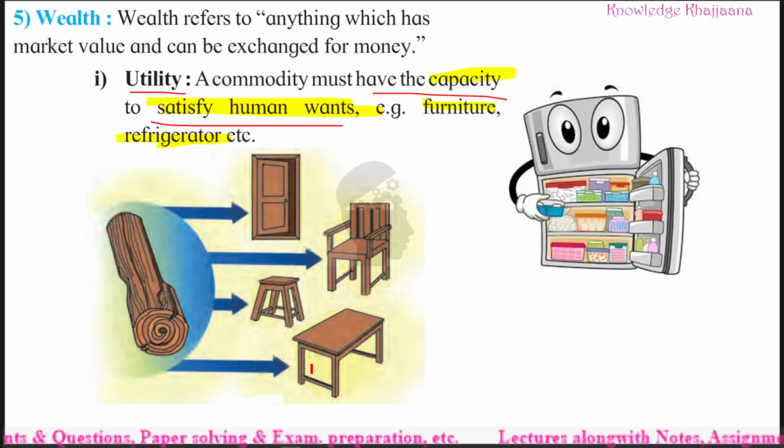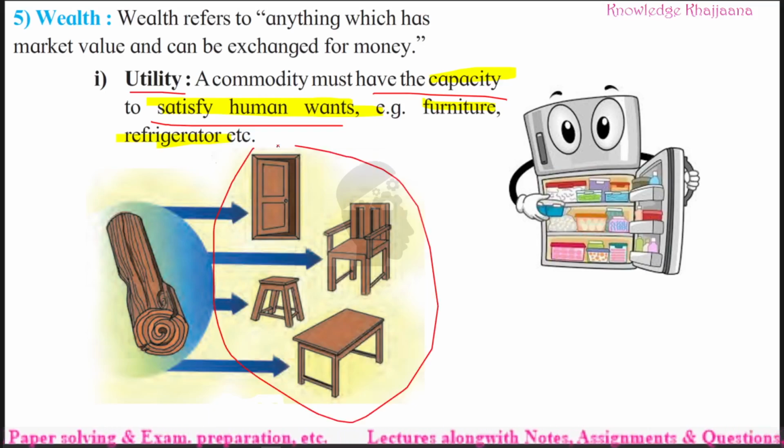Why? It satisfies human wants. That's why this table can be sold, which means it has market value. This chair can be sold, which means it has market value. So these materials are satisfying the criteria of wealth. That's why we can say they have utility.